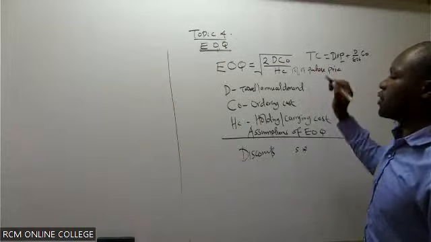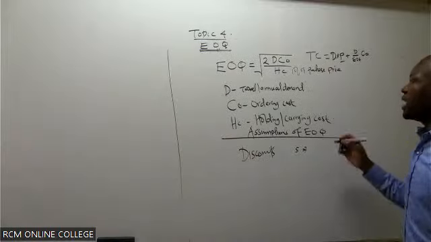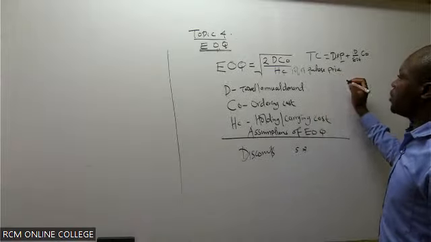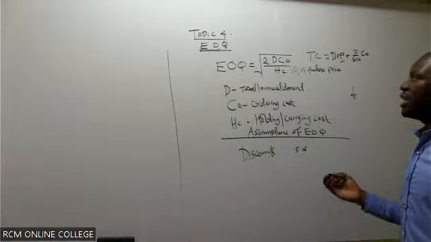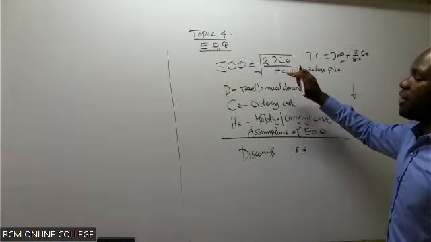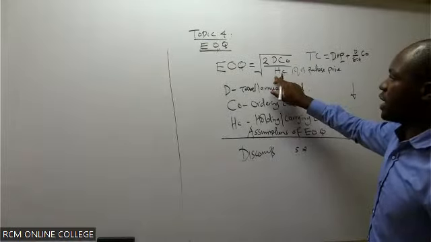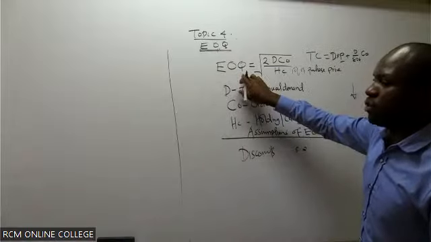And of course, within any range that the purchase price will be reducing due to discount allowed, automatically your holding cost will be affected. The moment you affect holding cost, the denominator here, automatically your economic order quantity will also be affected.